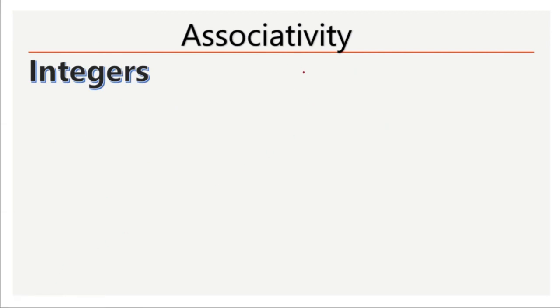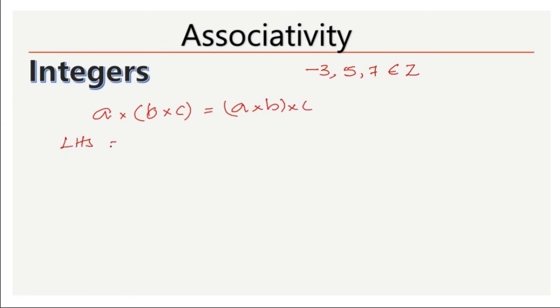Let's take the same example, negative 3, 5 and 7 belonging to the set of integers, and verify the associative property under multiplication. On the left hand side we have negative 3 multiplied to 5 into 7. So negative 3 multiplied to 35.